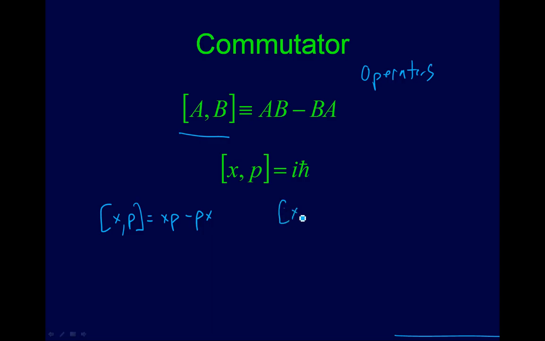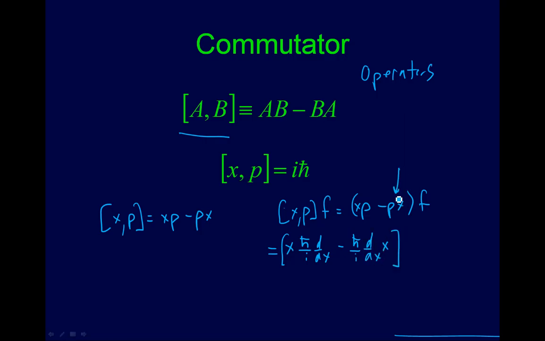So I'm going to say x comma p times some function, which of course is going to equal xp minus px times some function. It's just some function of x. Now of course my operator for p is h bar over i d dx, and so I'll plug that in. And then over here it's negative h bar over i d dx x.